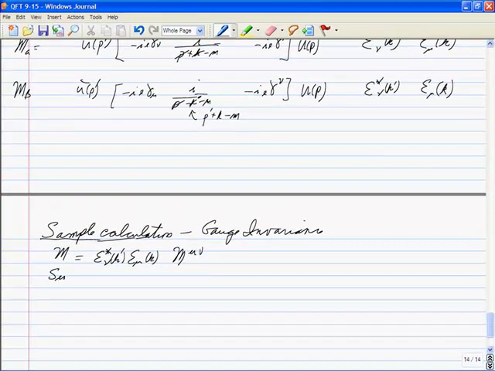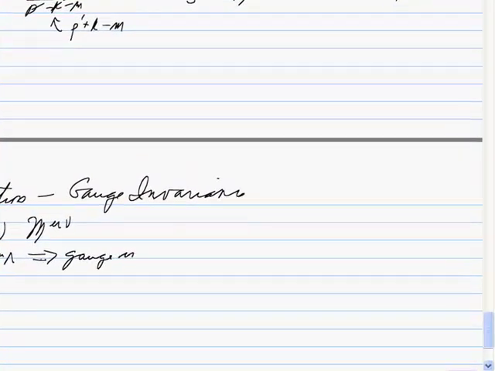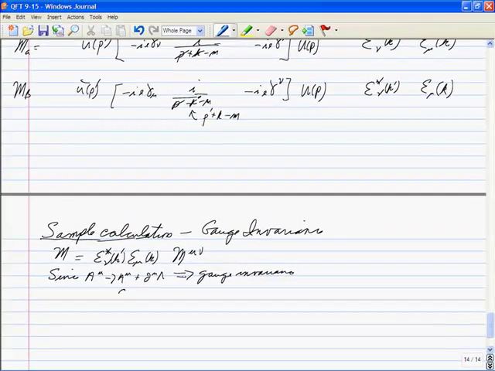Since A mu goes to A mu plus d mu lambda is gauge invariance, if I Fourier transform both sides of that, that says that epsilon mu going to epsilon mu of k plus some constant times k mu is also gauge invariance.